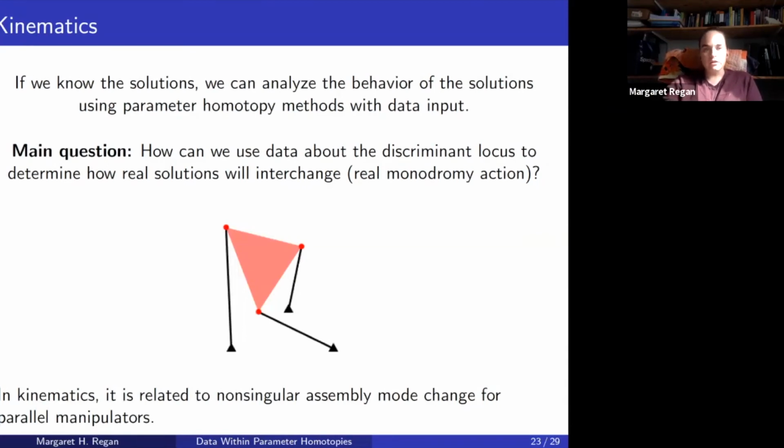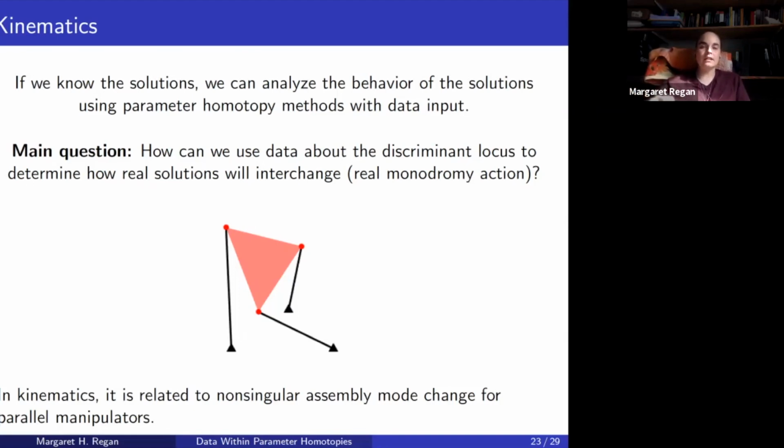But what we can also do is use a similar discriminant locus data set to determine the behavior of solutions. If we already have the solutions, we can determine how those solutions interact with each other, and specifically how real solutions interchange.